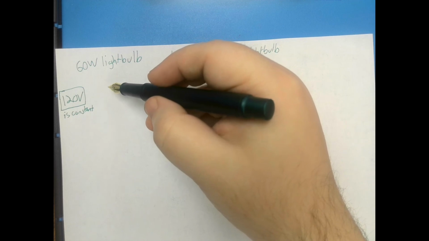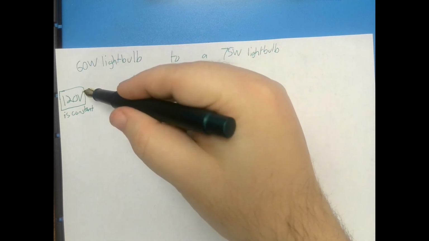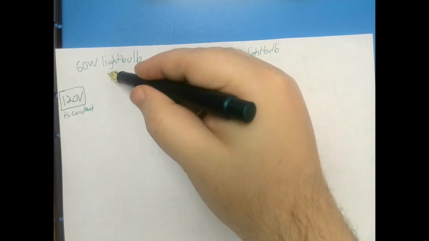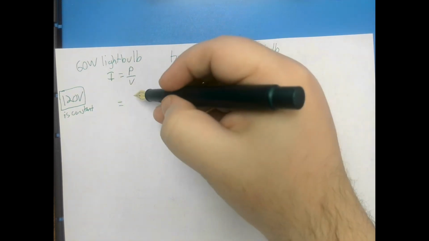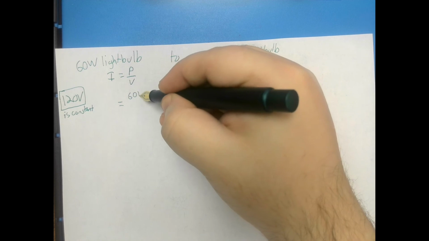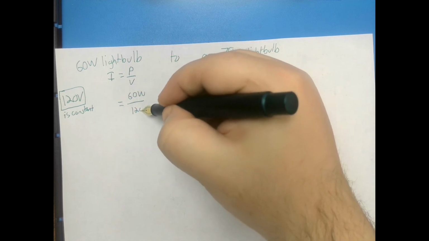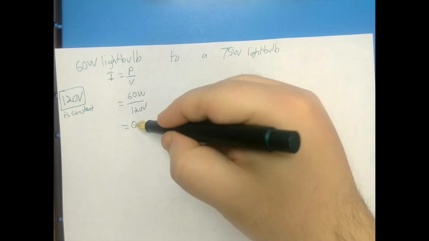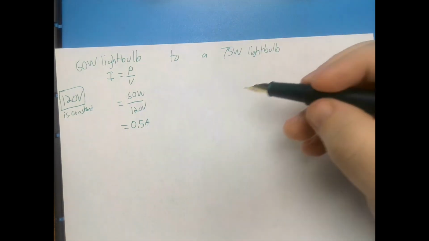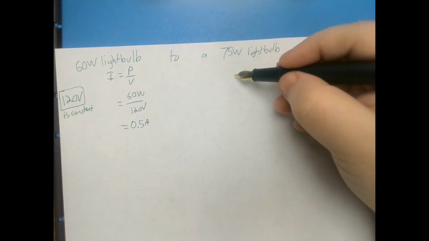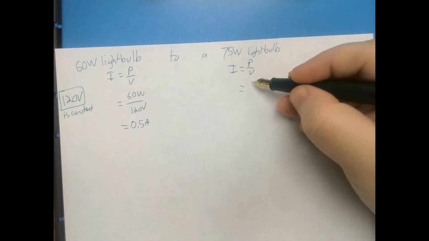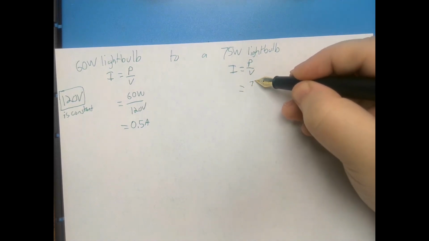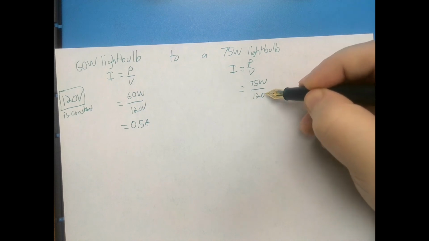Current, given power and voltage, is equal to power over voltage. So that would be 60 watts over 120 volts. So that's 0.5 amps. And let's do the same thing for this one. Current is equal to power over voltage. Power is 75 watts over 120 volts.